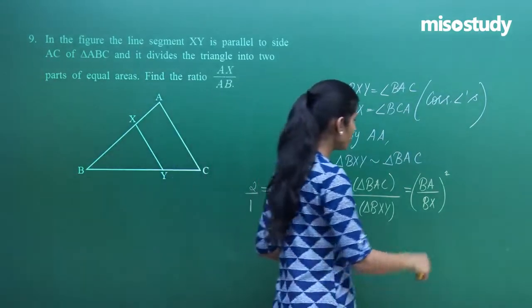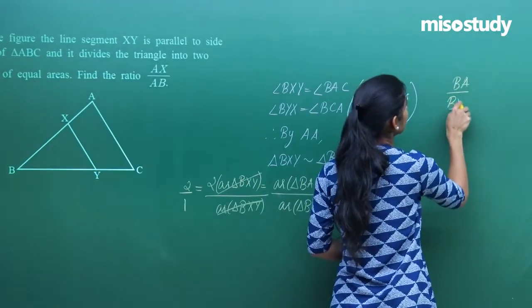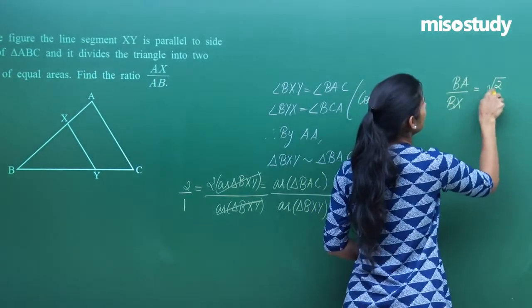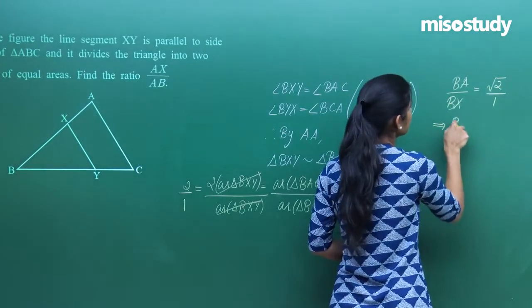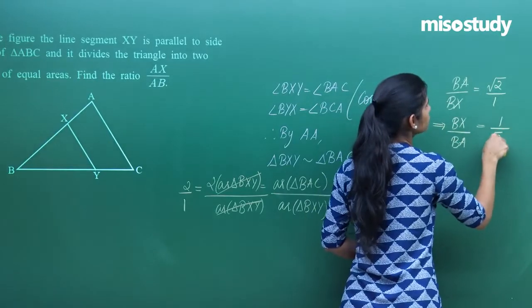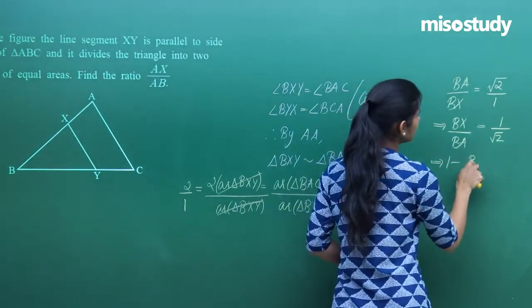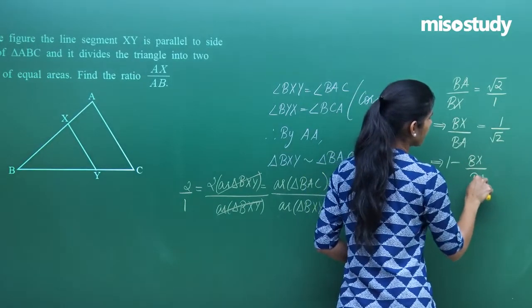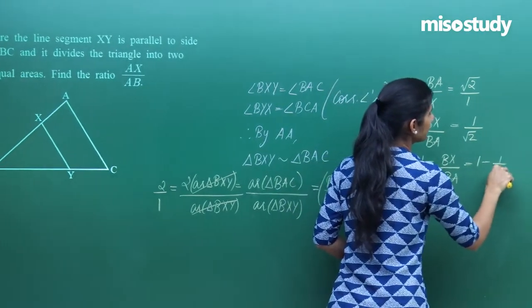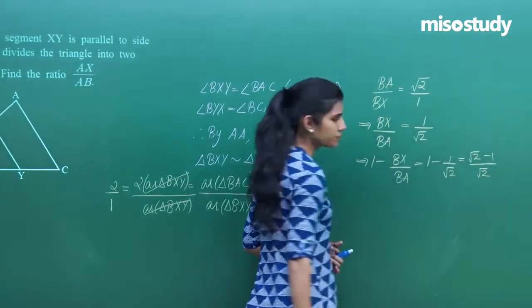So you get 2 upon 1 is BA upon BX whole square. So BA upon BX is root 2 upon 1. This implies BX upon BA is 1 upon root 2. So this implies 1 minus BX upon BA is 1 minus 1 by root 2, which is root 2 minus 1 by root 2.